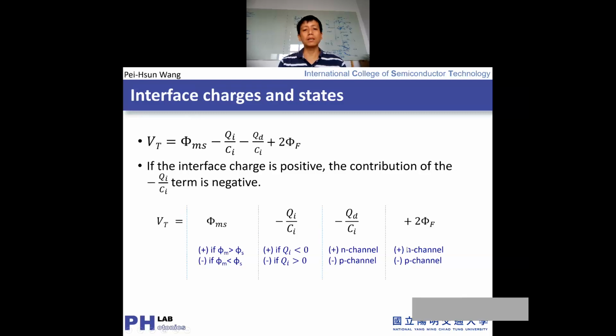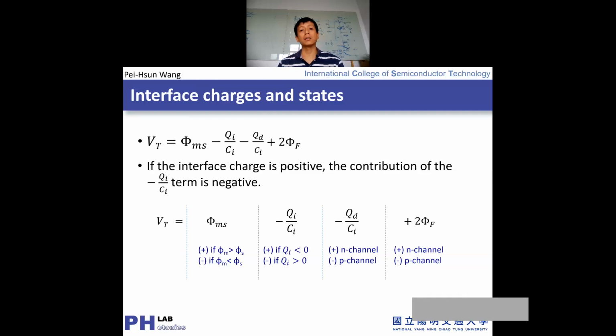So it should always be the same bias condition. We want to deplete the positive charge and we want to accumulate the negative electrons. And also, if you want to work with a P-type channel in N-type semiconductor, for P-type channel, we have the surface accumulating with holes. So under that condition, we need to apply the negative voltage along the threshold. So we get the metal with negative charge. So that will give you hole accumulation along the semiconductor surface.